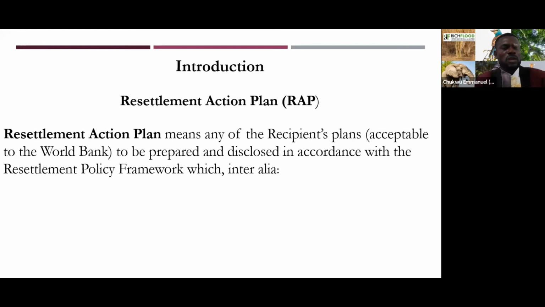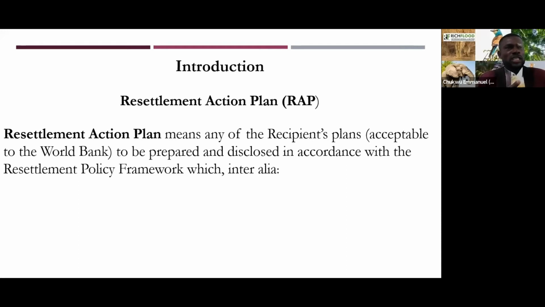Now, before implementing, what the World Bank is trying to put in place is to ensure that a census survey is carried out of displaced persons and evaluation of their assets. When a construction project is going on, possibly a road construction that needs buildings and houses to be demolished, there are people that own a bungalow, there are people that own a duplex, and there are people that own a mansion within that same vicinity.